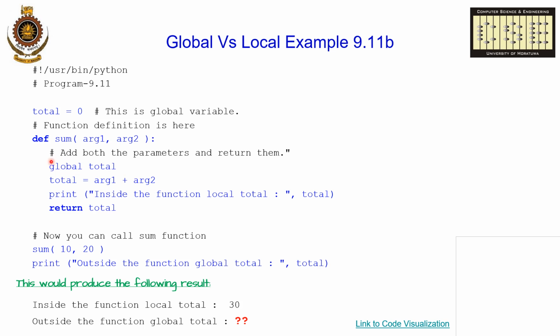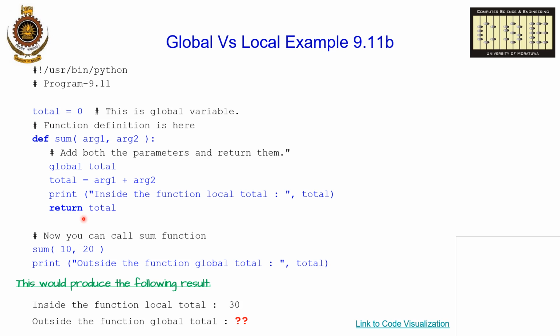This is the global keyword that we mentioned earlier to define a variable named total to be the same as the one that's already defined in the global scope. Without this global keyword, this would have been a local variable, but now this is connected to the global variable total.